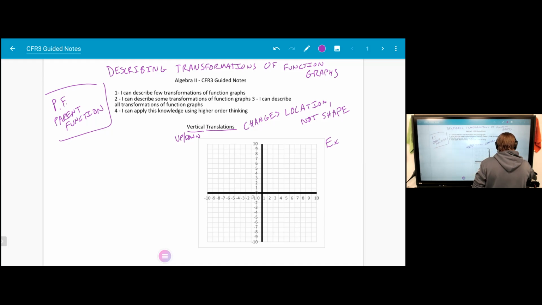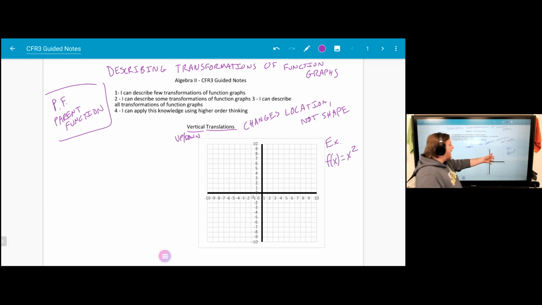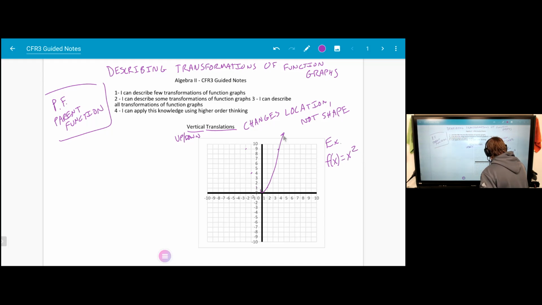I'm going to start with f of x is x squared. I'm just going to plot it here real quick because I can. It can be a fun one sometimes to graph.